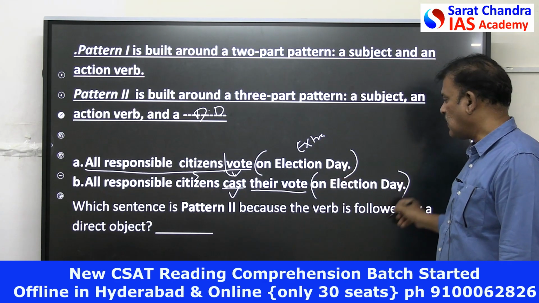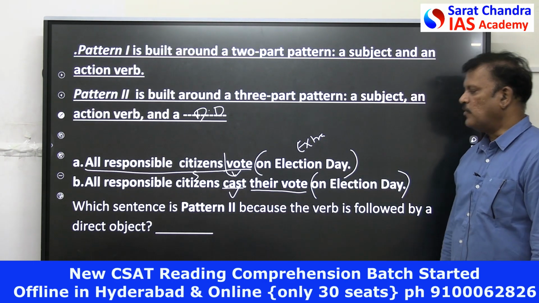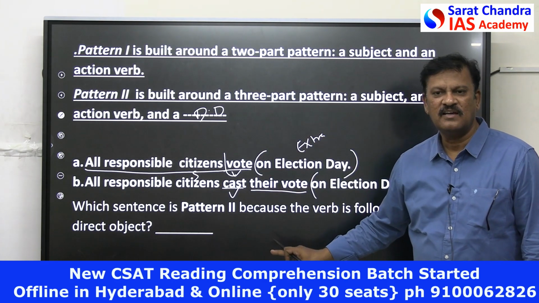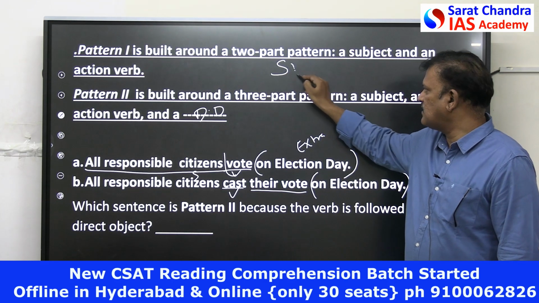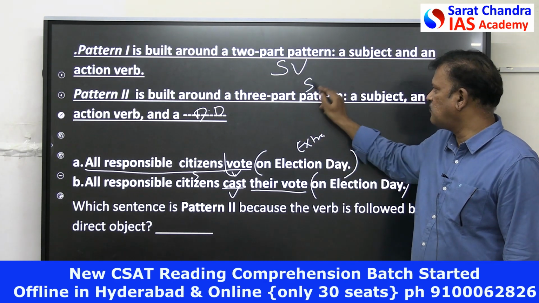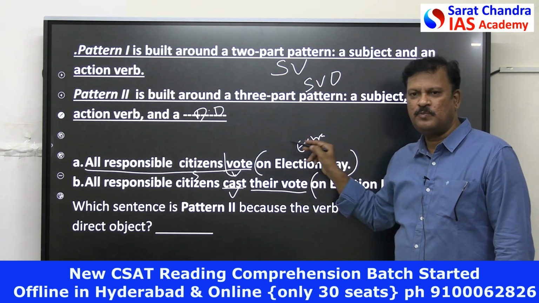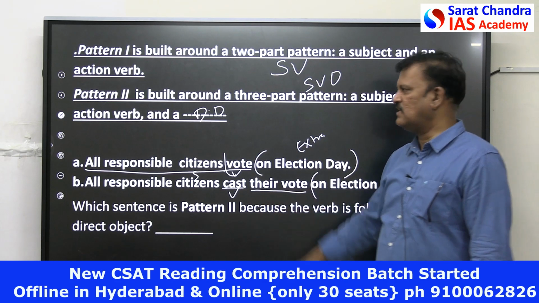Okay. Now, what is it asking you to do? Which sentence is pattern 2, A or B? Pattern 1 is SV, pattern 2 is SVO. So he's asking which one falls into pattern 2, A or B? B.